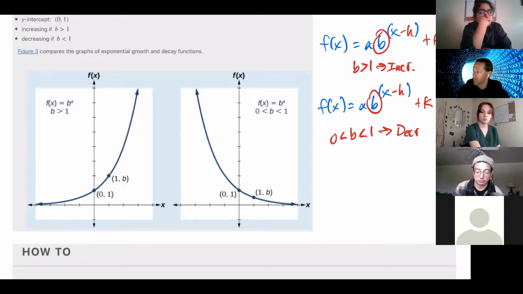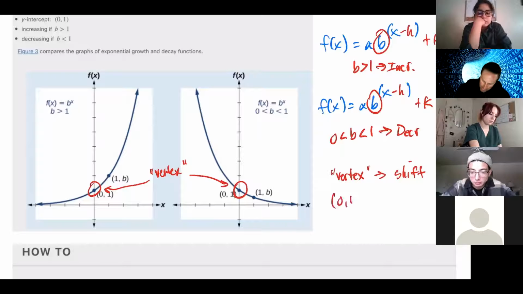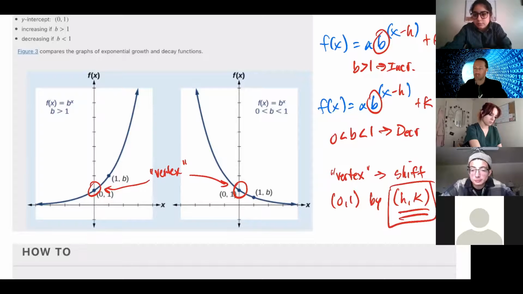That'll be the only difference. Our quote-unquote vertex, that starting place, will be that 0, 1. That's the thing that we're going to pick up and move. And we're going to shift that 0, 1 by h, comma, k. Just like we did all those others in the previous unit. Does that make sense?